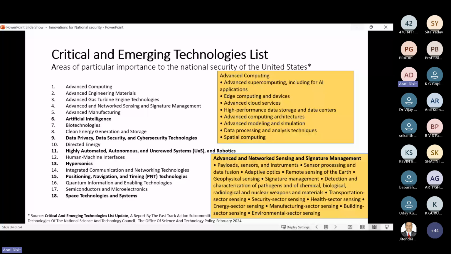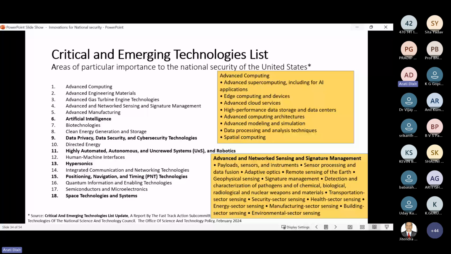And also advanced network sensing and signature management, for example, which is one of the technologies mentioned here, like sensor processing and data fusion or adaptive optics and so on. So it is an amalgamation of different sub areas to solve any single problem we can think of.